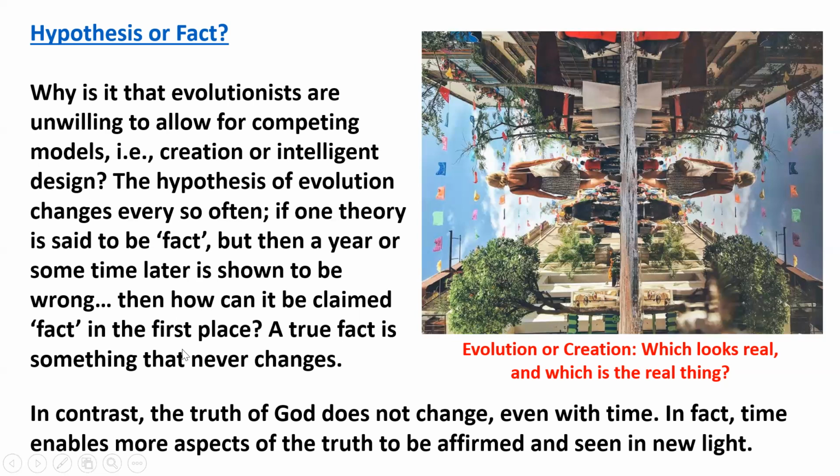A true fact is something that never changes. In contrast, the truth of God does not change even with time. In fact, time enables more aspects of the truth to be affirmed and seen in a new light.